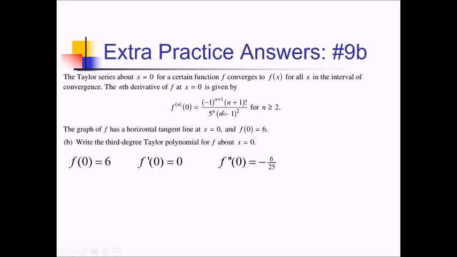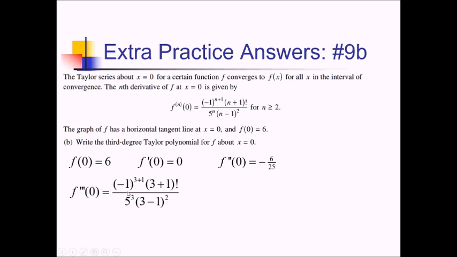Now to find f triple prime of 0, we have to plug 3 in for n in this formula. So that's negative 1 to the 3 plus 1 times 3 plus 1 factorial, all over 5 to the third and 3 minus 1 squared. Cleaning this up, negative 1 to an even power is just 1. We have a 4 factorial upstairs.